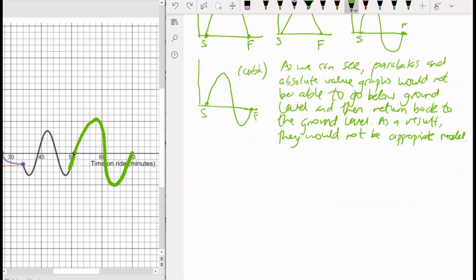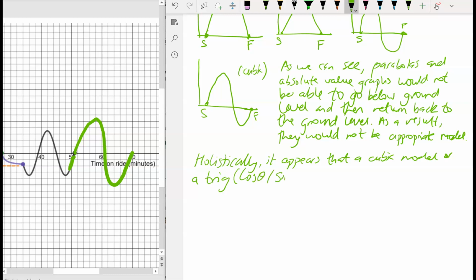Okay, so holistically, it appears that a cubic model or a trig, that's cosine or sine model, would be appropriate choices.